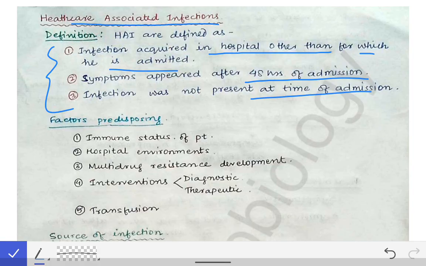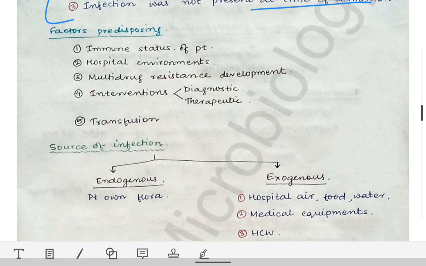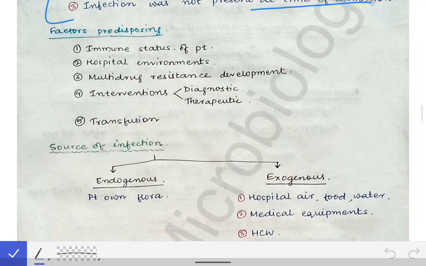Now what are the factors which predispose to healthcare associated infections? The important factors are, first, the immune status of the patient. If the patient's immunity is low, then he has more chances of getting infections in the hospital premises.